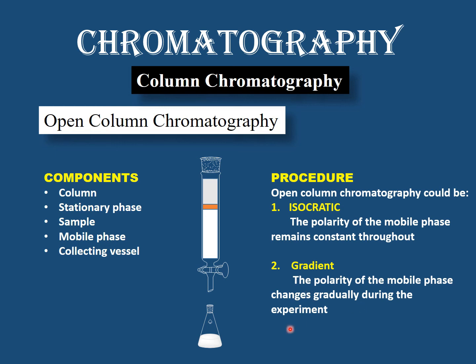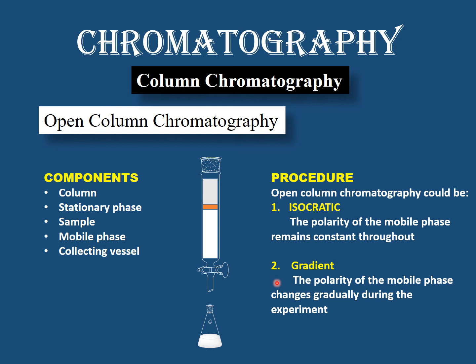Usually, in a normal phase column chromatography experiment, when your stationary phase is more polar, you use a solvent system that is of medium polarity. And if you are going to perform a gradient column chromatography experiment, the polarity changes from low polarity to high polarity.